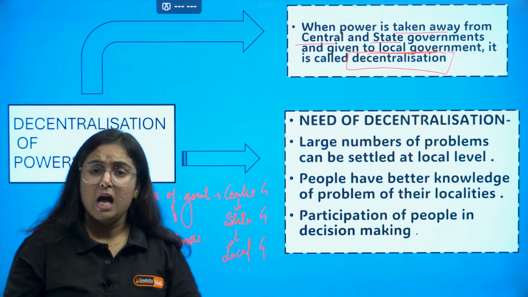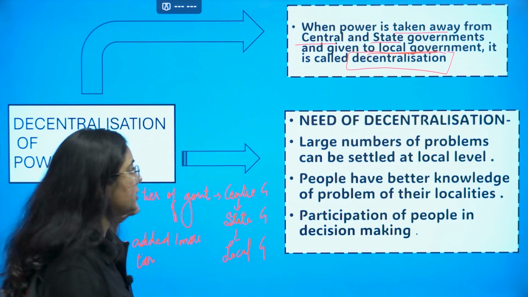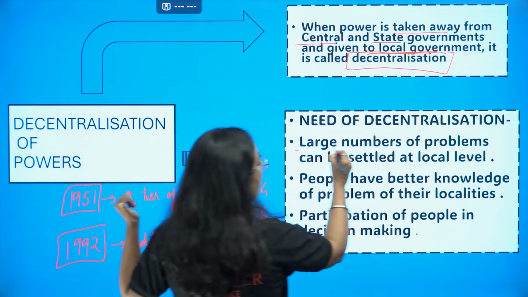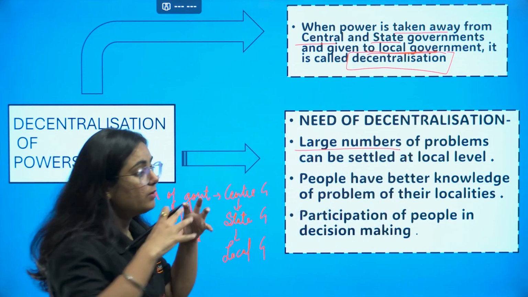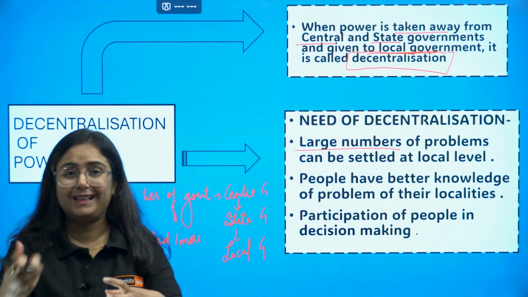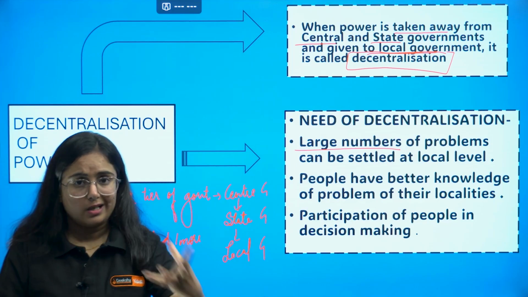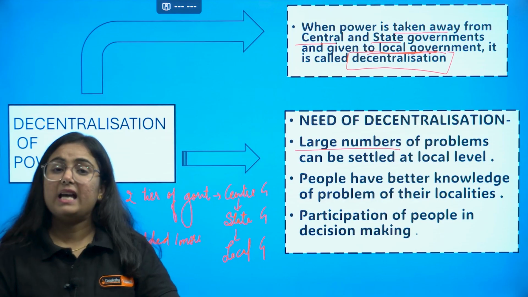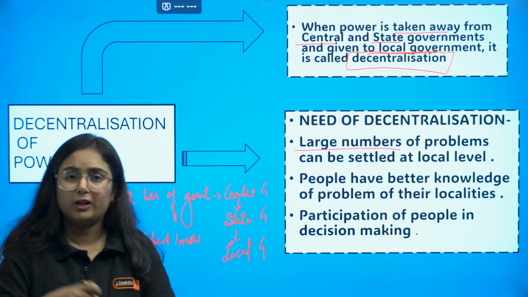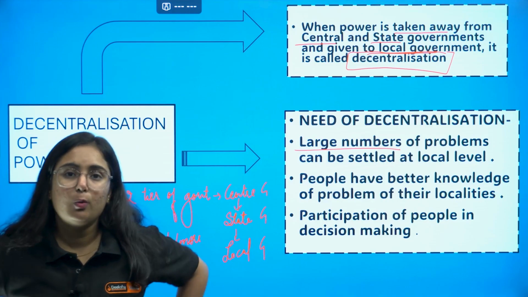Getting my point? What was the need of decentralization in the year 1992? There was a large number of people settled at the local level. They were living at the local level, in villages, municipalities, districts, towns, etc. They had their own issues. For example, the street light of your area stopped working.